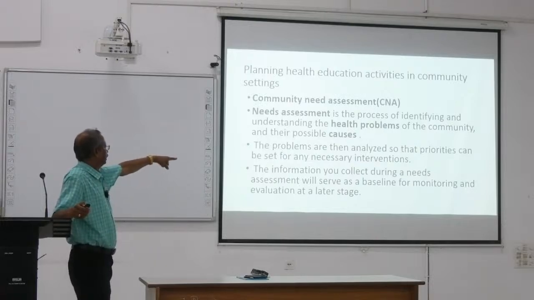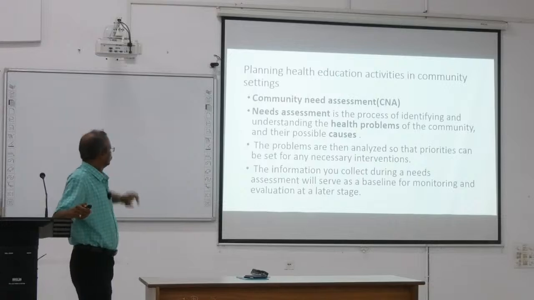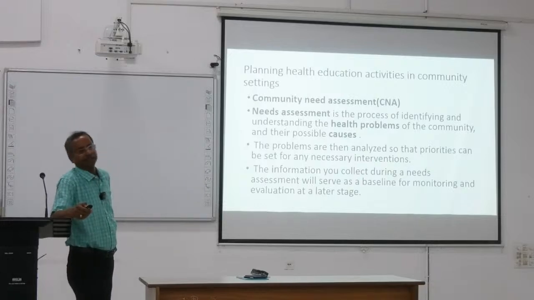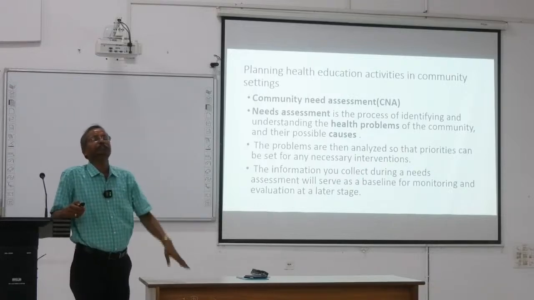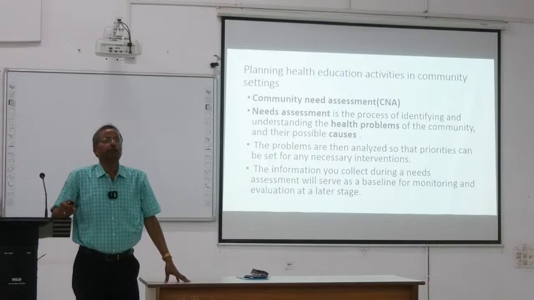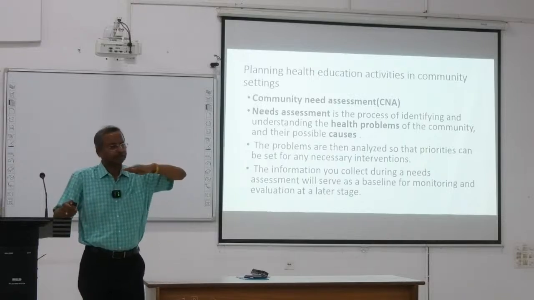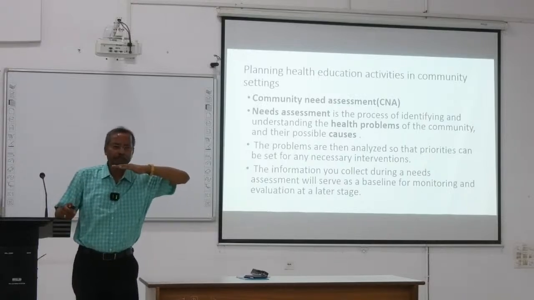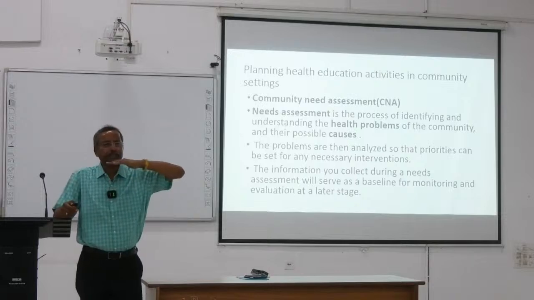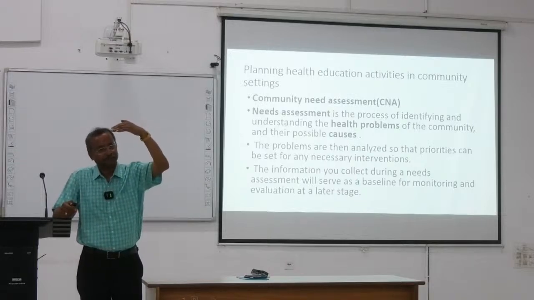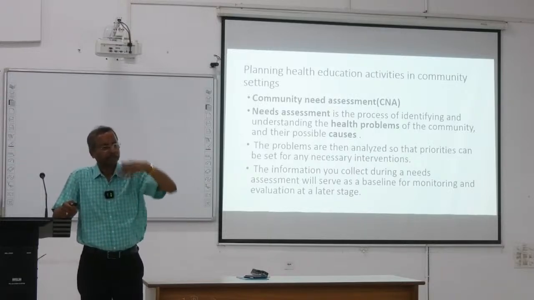The information you collect during a needs assessment will serve as a baseline for monitoring and evaluation at a later stage. That means how many people are suffering from which disease works as a baseline. On the basis of that, you can undertake activities and bring about change.